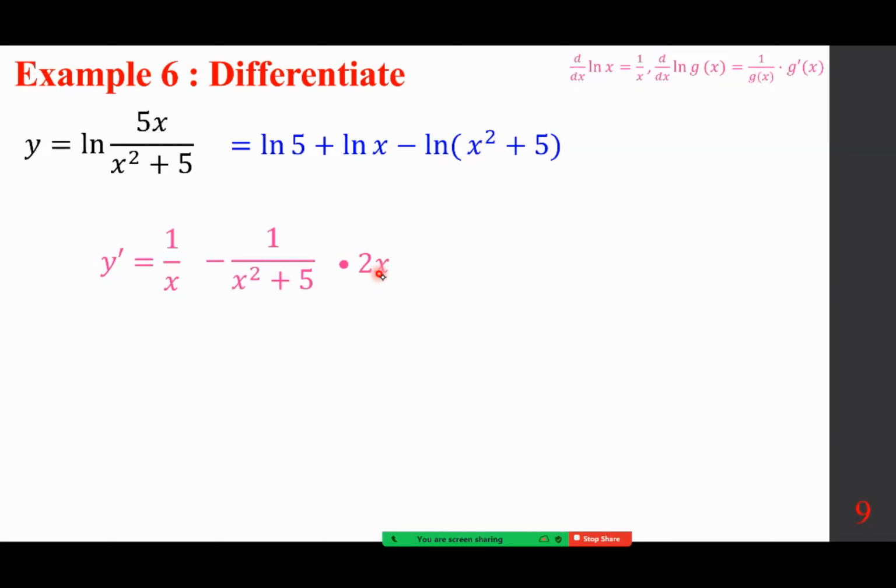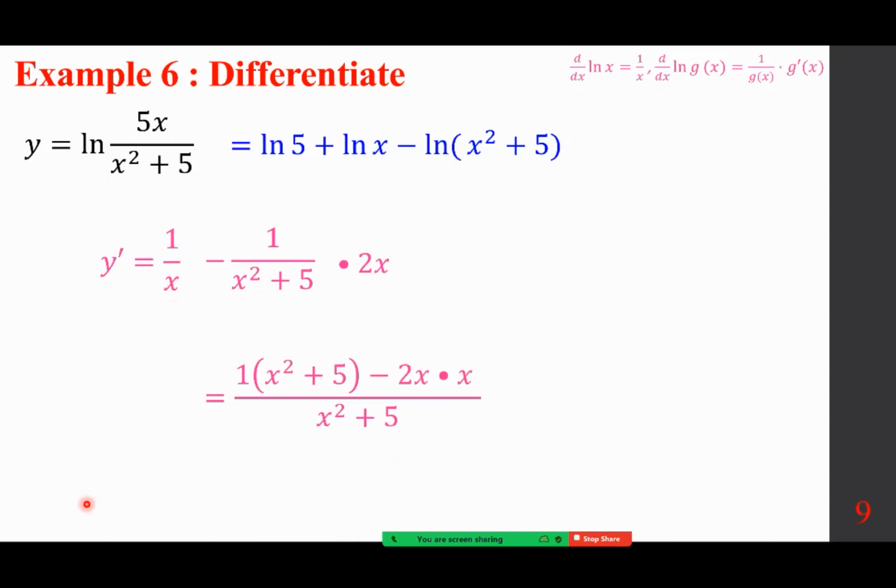Let's put them together by finding the LCD, the least common denominator, which is x times x squared plus 5. And then 1 times x squared plus 5 minus 2x times x.